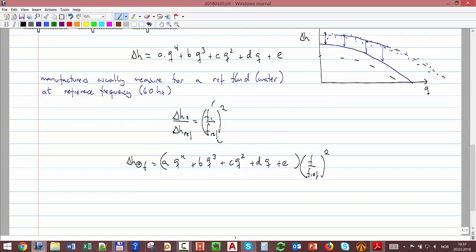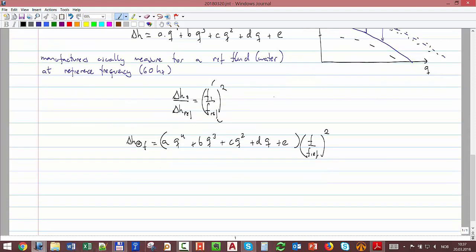But that's not the only thing. We also have to scale the rate. With the rate, we say Q1 over Q reference will be equal to F1 divided by F reference. This equation is taking the reference rate, so the reference rate will be the rate that I have times F ref divided by F1.